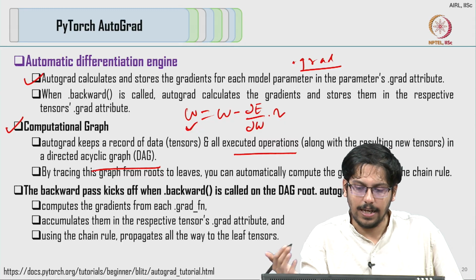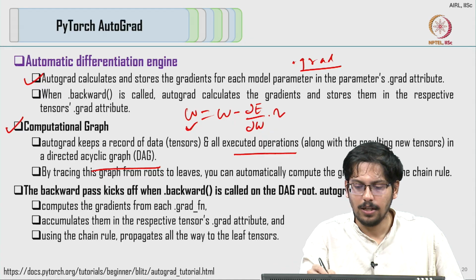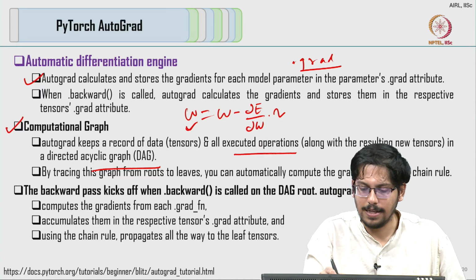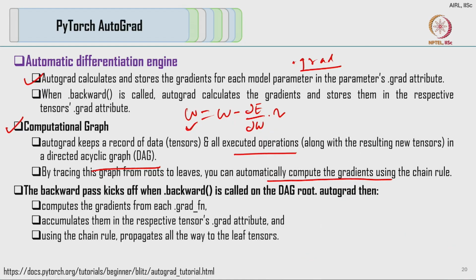Once the acyclic graph is defined, when we do dot backward, essentially it computes the gradients using the chain rule, right. Now this is something that we have done for both a single layer perceptron and a multi-layer perceptron. Autograd does it by computing a graph, right.